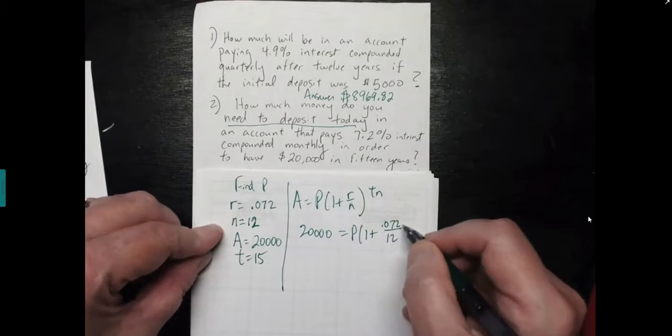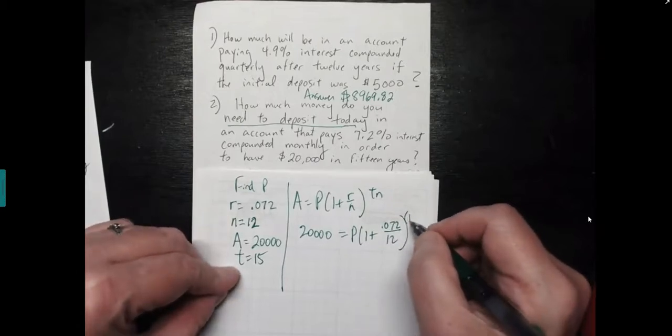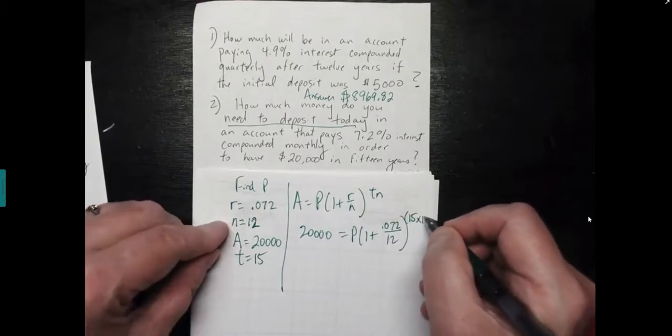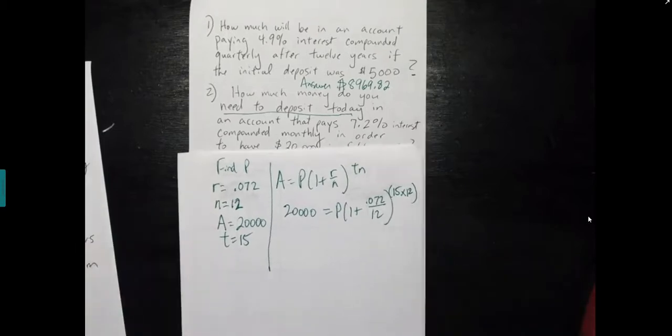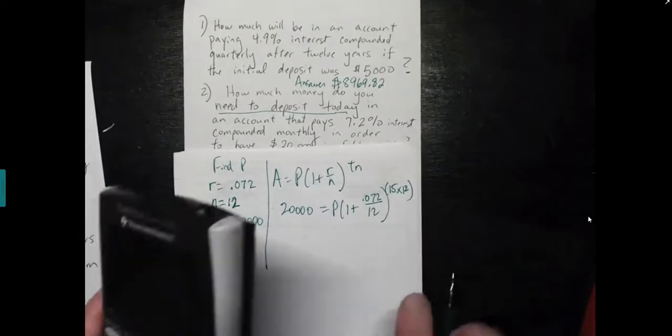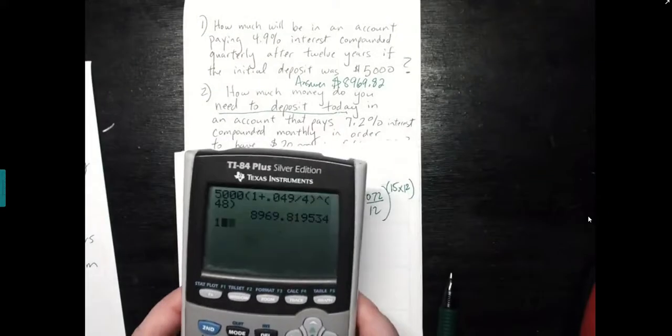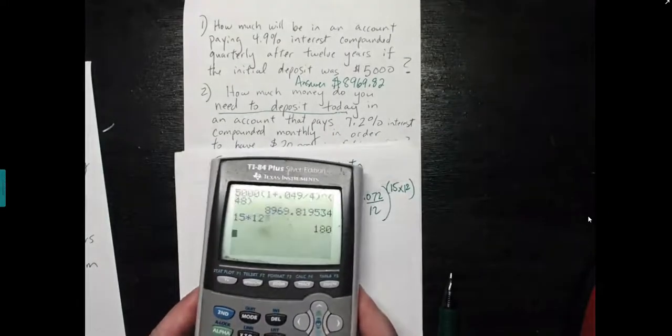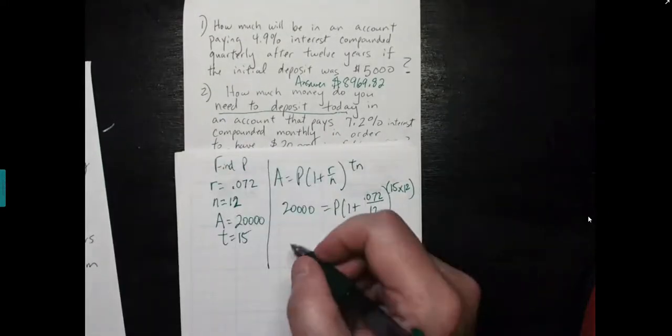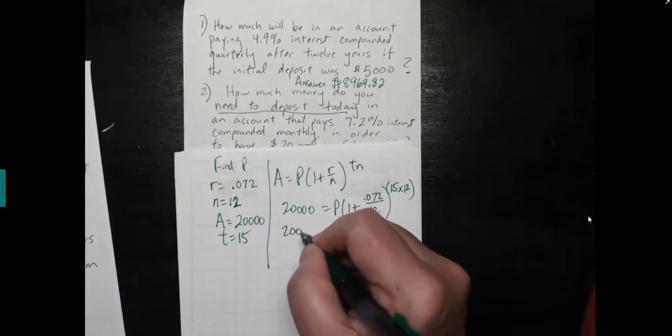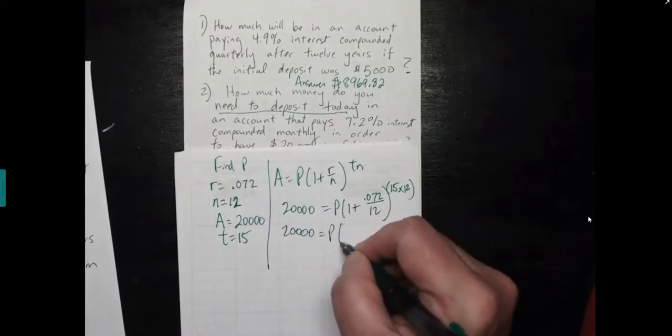0.072 over 12, and then T times N. 15 times 12 is 180. So again, I might just make that a little bit easier on my calculator.